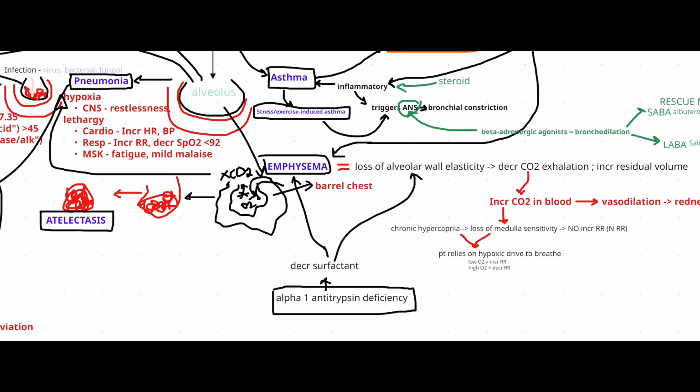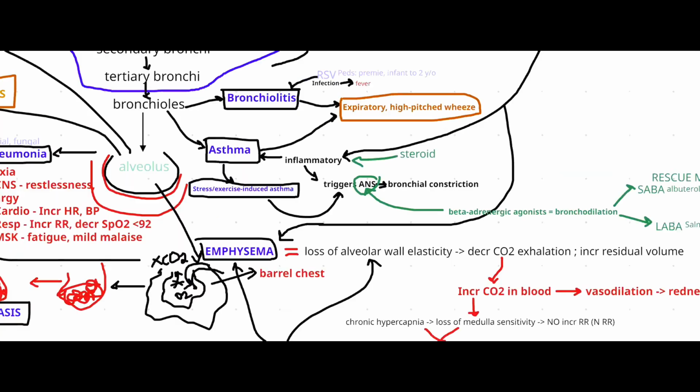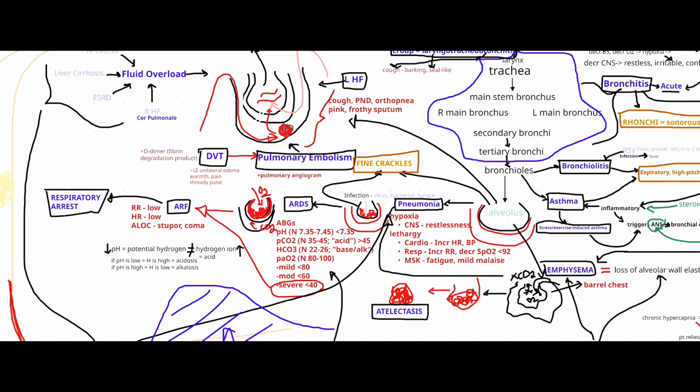you can give a mast cell stabilizer. You can give theophylline, right? But those medications are kind of on the older generation, and so they're not used as much anymore, but they're still available. For our pneumonia, same thing, right? If it's viral, bacterial, fungal, the same medications that we gave earlier, we'll give here.